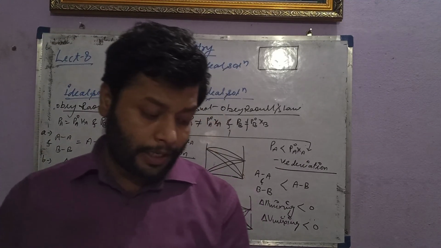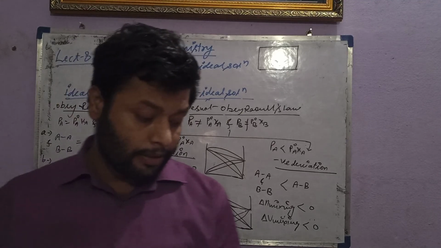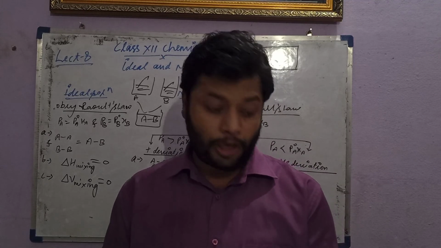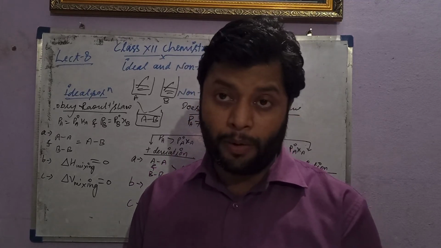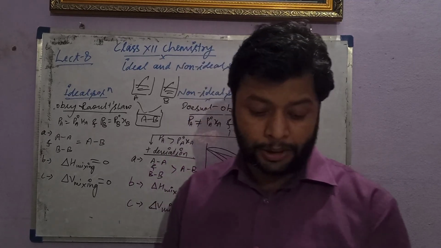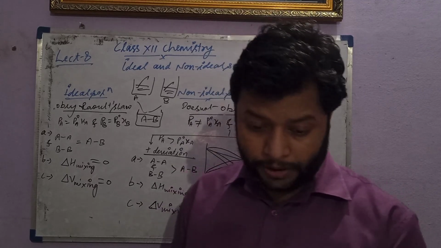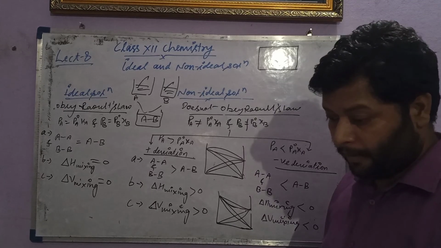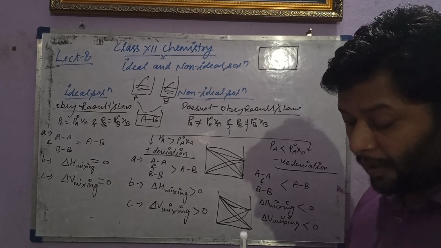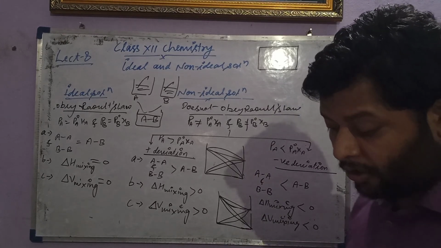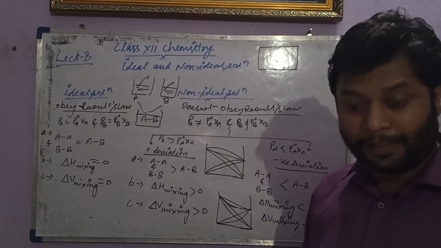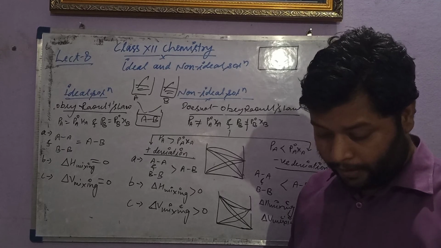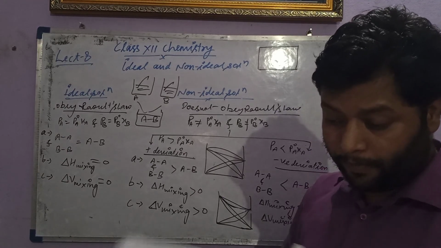Ideal solution examples are n-hexane and n-heptane mixed together, benzene plus toluene, chlorobenzene plus bromobenzene, and bromoethane plus chloroethane. For non-ideal solutions with positive deviation, the examples are ethanol plus cyclohexane, ethanol plus acetone, carbon disulfide plus acetone, and ethanol plus water.